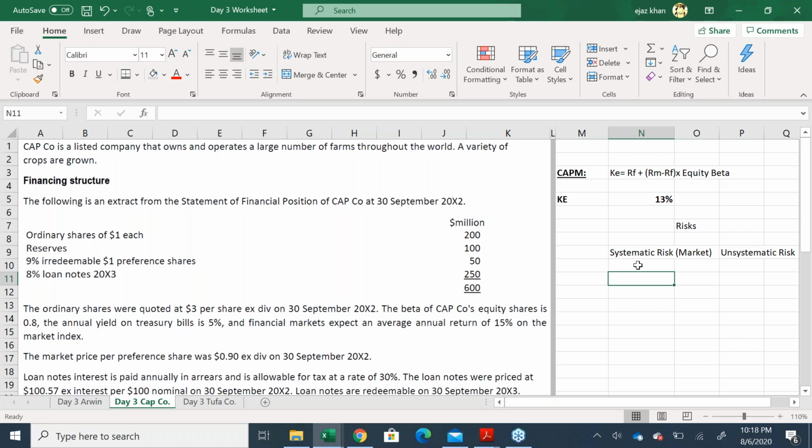This decision of the company may prove profitable or it may prove otherwise. Is there a risk in this decision or not? There's a risk, right? What type of risk is this? Is it a systematic risk or unsystematic risk? It's unsystematic risk.